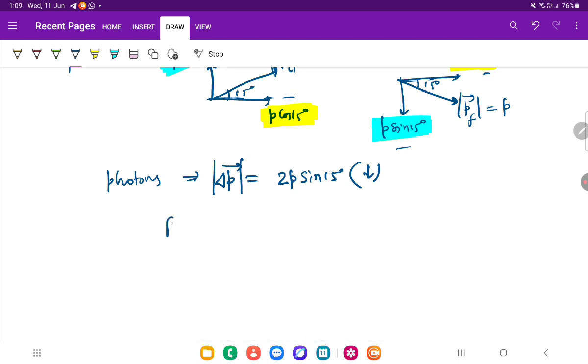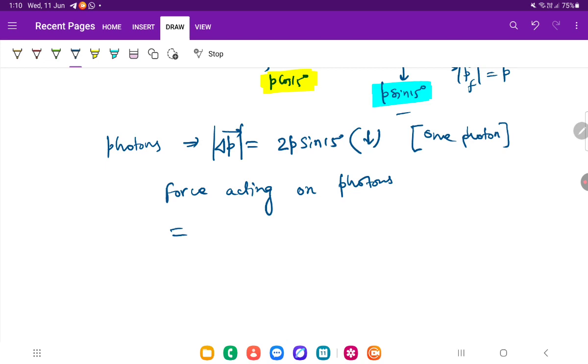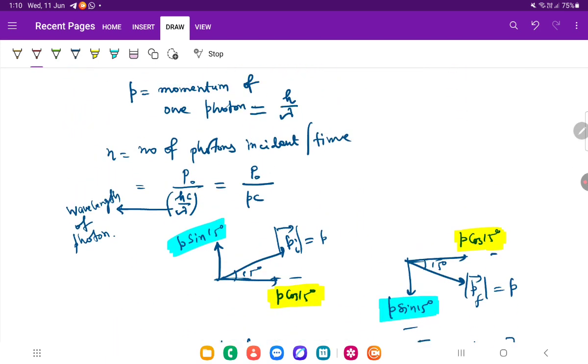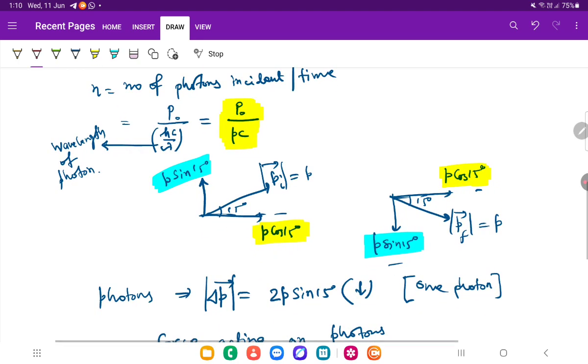So the force acting on the photons will be, and this is obviously for one photon. Let me clarify this. So the force acting on the photons, or the laser beam, whatever you can call, will be 2p sin 15 degrees. This is the change in momentum for one photon, and in unit time we have found out here this is the number of photons incident per unit time.